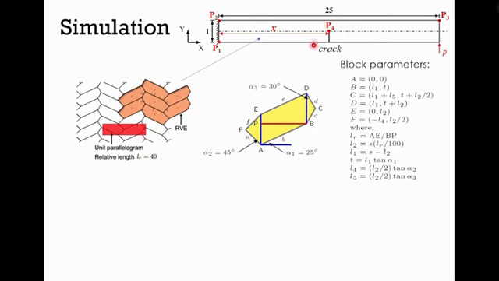This beam has a crack of which location is referred to as the parameter x. We consider this beam is a composite material which is made of hexagonal blocks interacting with each other by the interface. Each block can be formed according to their geometric parameters as shown here.